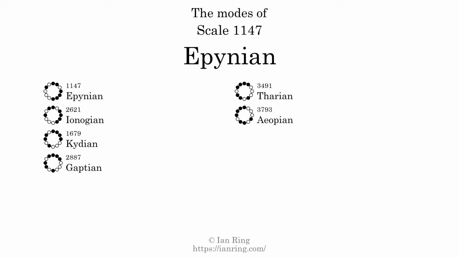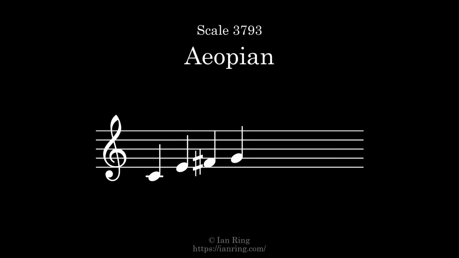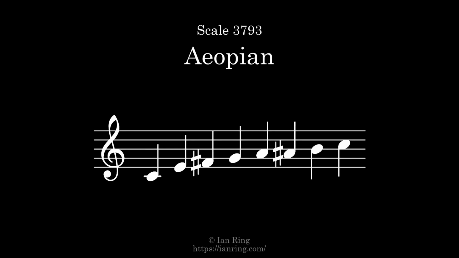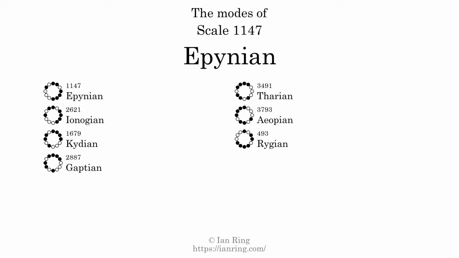The sixth mode is scale 3793, also known as Ethiopian. It sounds like this. The seventh and last mode is scale 493, also known as Rygian. It sounds like this.